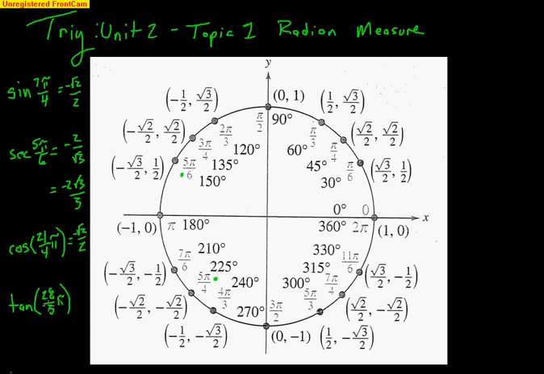So 28 thirds pi is basically the exact same angle, or coterminal, with 4 pi over 3. So tangent would be the y divided by the x, so if I take negative radical 3 over 2 divided by negative 1/2, and I do the dirty work, you end up getting positive radical 3. So you're going to have a quiz that's going to cover basically a bunch of problems like that. Hopefully you understand how to use the unit circle to find them.